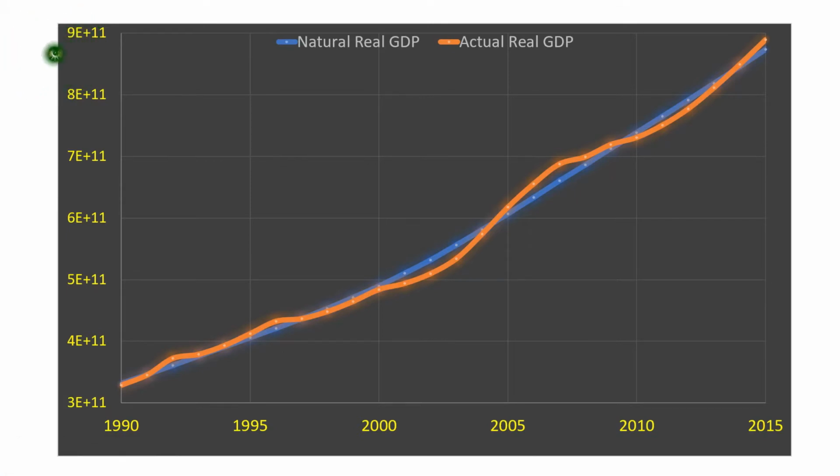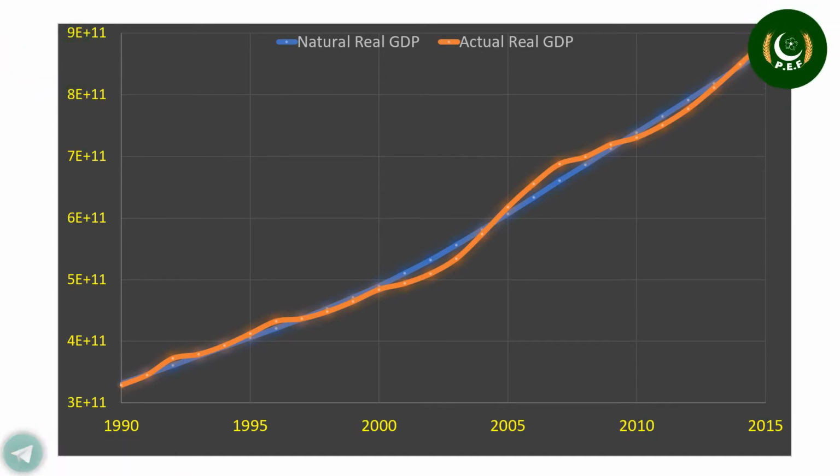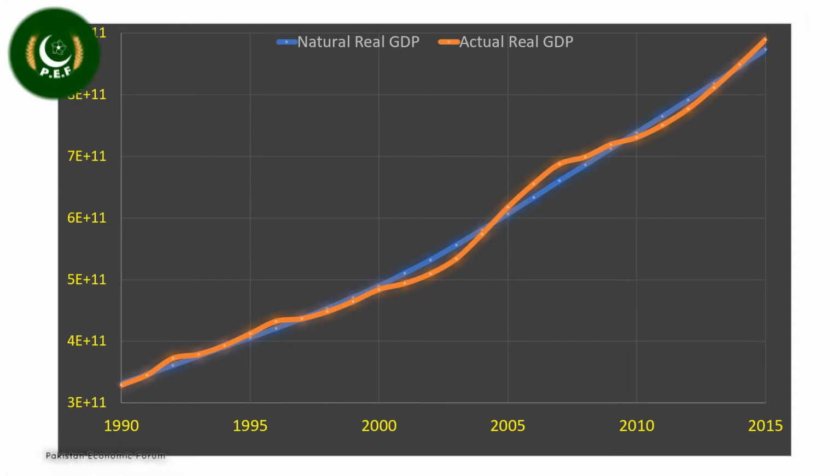The points where the two lines intersect show that here actual real GDP was equal to natural real GDP, which means that output was at its natural level.